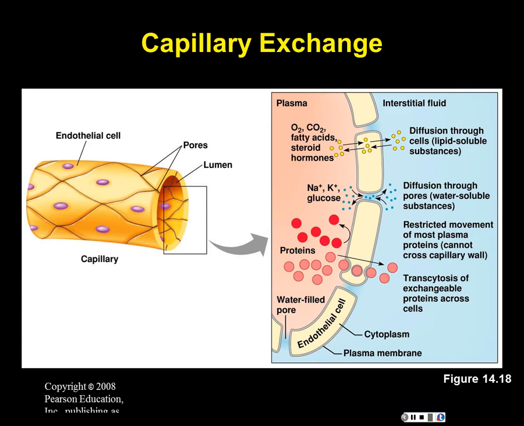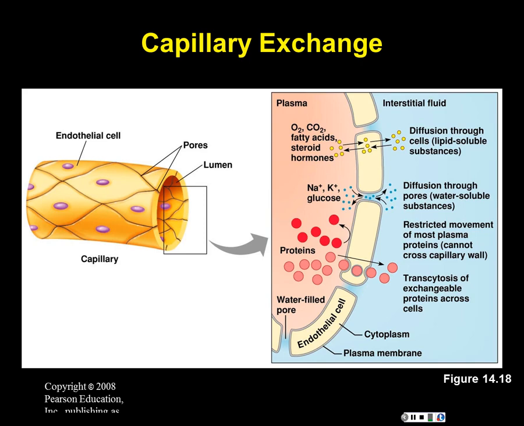We learned that substances that are lipid soluble move from plasma to interstitial fluid. Anything fancy going on? Not too fancy, just simple what? Diffusion. It can diffuse through a pore, it can diffuse across a capillary cell, whatever. It's soluble. It's going to diffuse down its gradients. Okay?